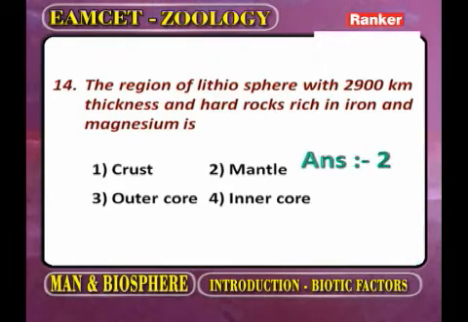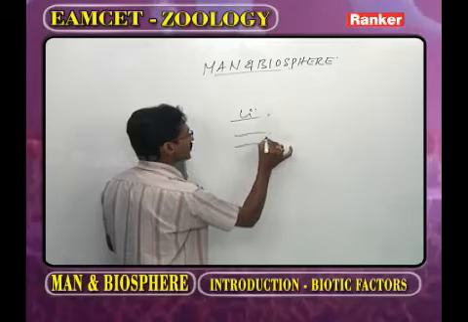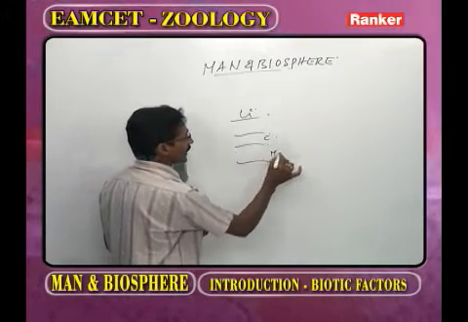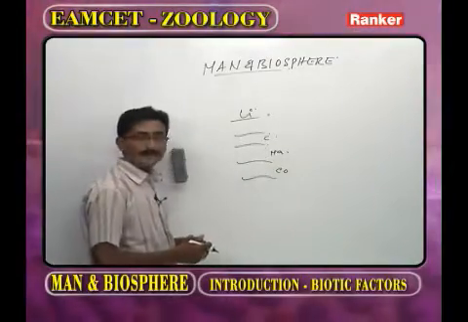Now, the region of the lithosphere with 2900 kilometers thickness. One physical component of the earth we call the lithosphere. Generally, it is classified into the crust, the mantle, and the core.